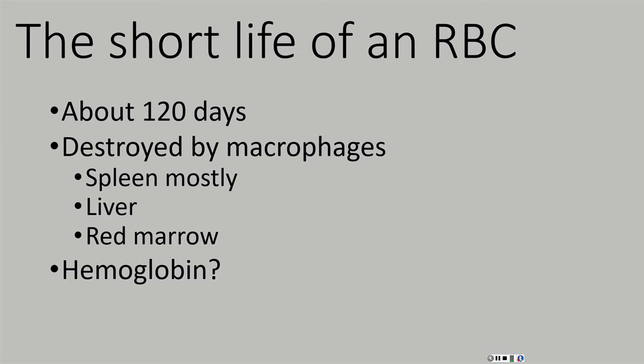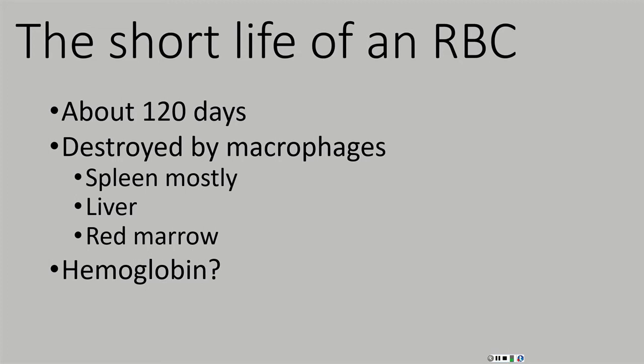One, they don't have the ability to repair themselves or to make things that the cell might need because they have no organelles. They have no nucleus and DNA. And when these red blood cells are circulating, that's actually really hard on cells. They're constantly bumping up against things, squeezing, bending, folding, and it does a lot of damage, but they can't repair that damage. So they last about 120 days.